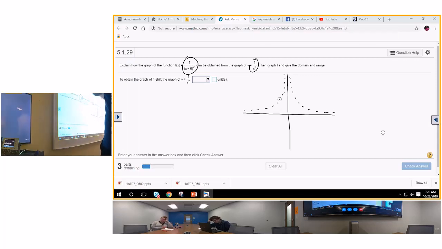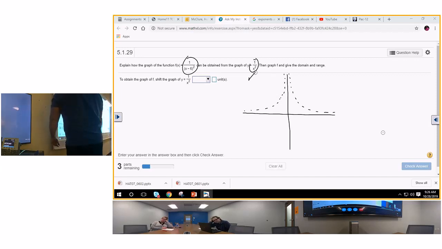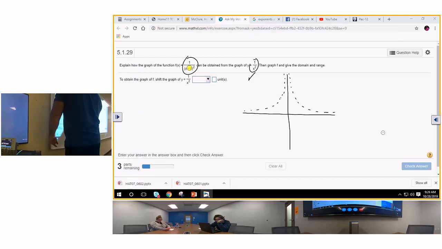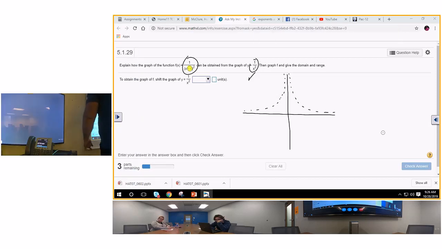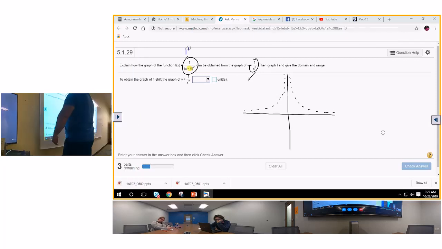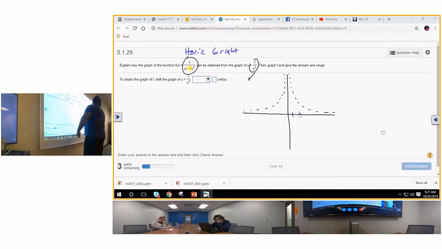All right, so there is our parent graph. Tell me what this one is going to do. A horizontal shift of 6 to the right. Let's highlight that, and that's why this is a test question. There's your horizontal shift of 6 to the right. So now 1, 2, 3, 4, 5, 6.